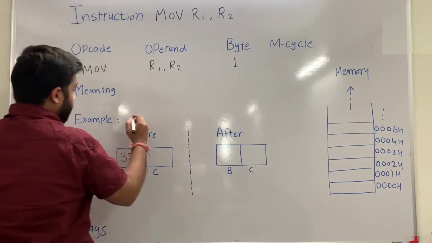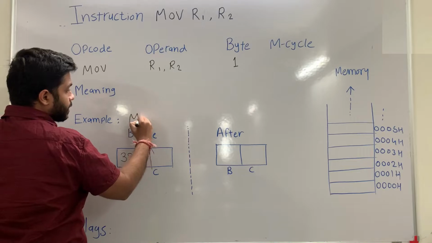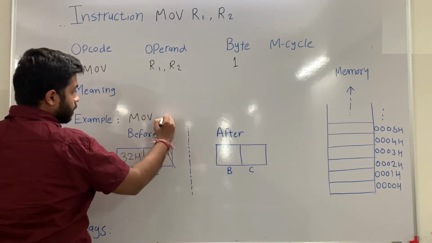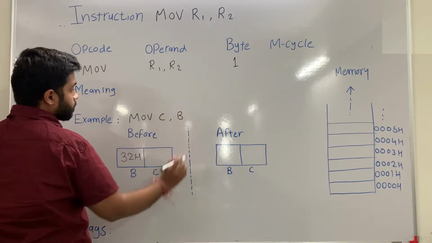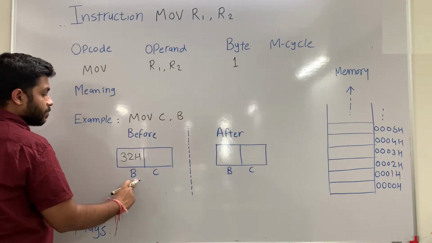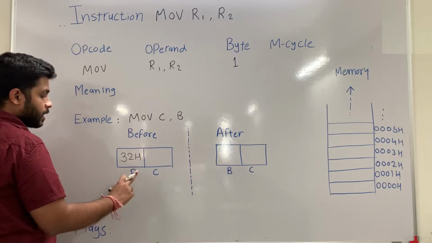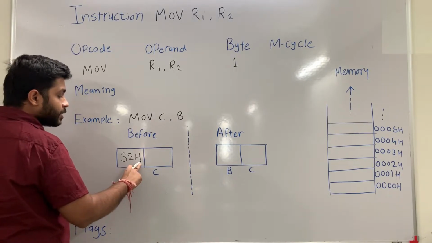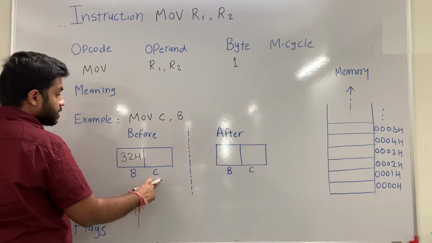Suppose we are executing one instruction, that is MOV C, B. You can see that before the execution, the registers B and C contain some value. In register B, 32H data is present and C is empty.